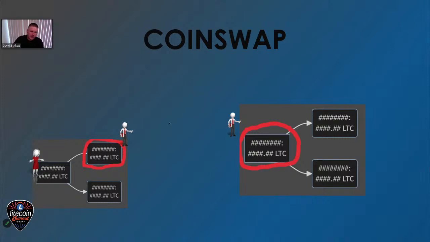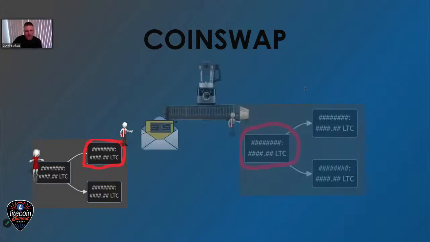What CoinSwap does is, once you receive a new coin from someone, say in this case Bob receives from Alice, instead of directly sending those later, having them sit in the blockchain and having Alice being able to monitor them, you can actually just swap them out for fresh coins.